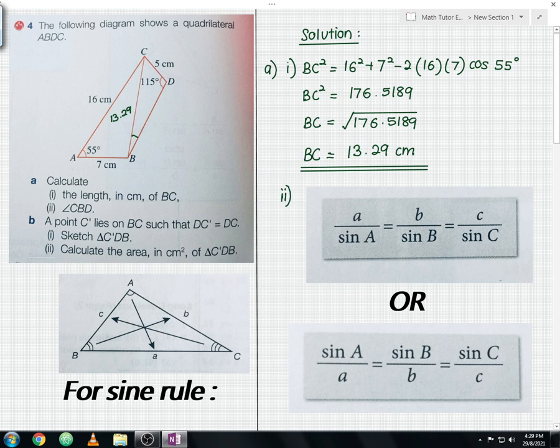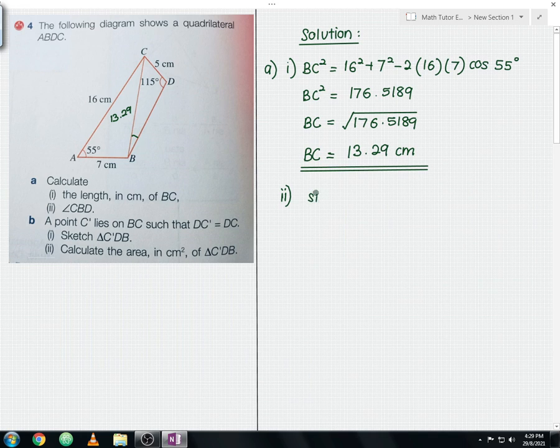So from here, sine 115 degree divide with 13.29 is equals to sine angle CBD over 5 centimeter.